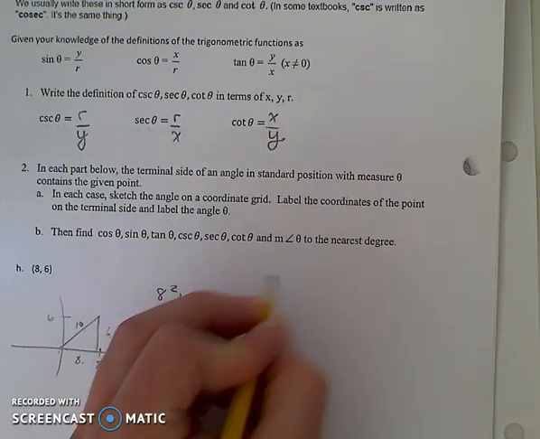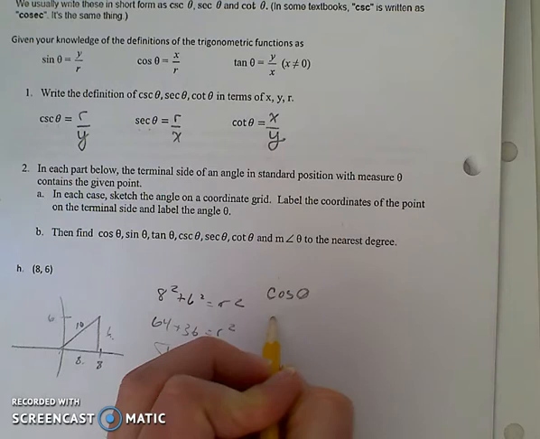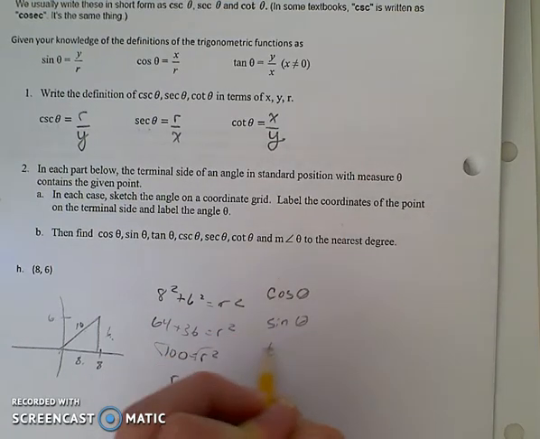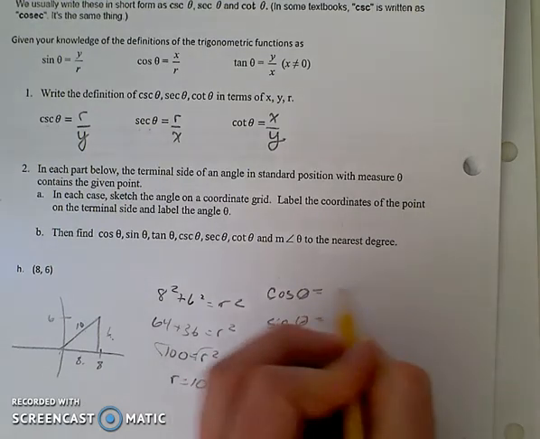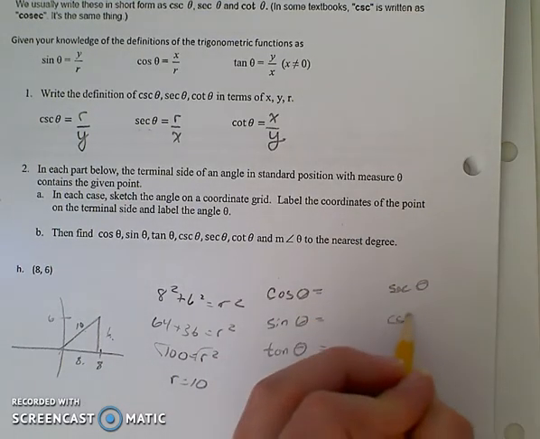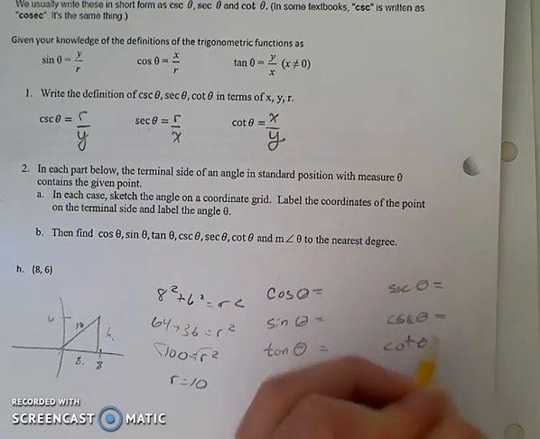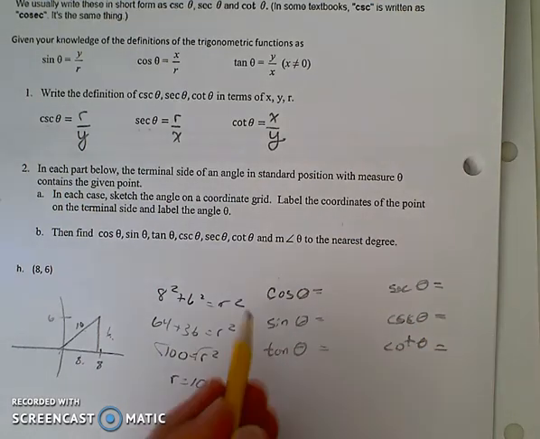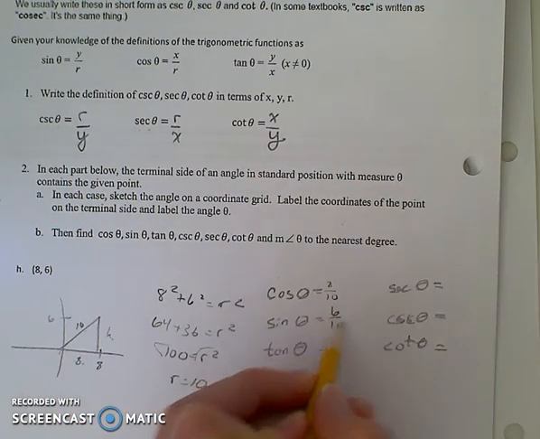And we're going to go over here. And how I like to do them is write the main ones that we're used to, and then right next to it the reciprocals, cosecant, secant, cotangent, and write what these are. So cosine theta, 8 over 10. Sine theta, 6 over 10.